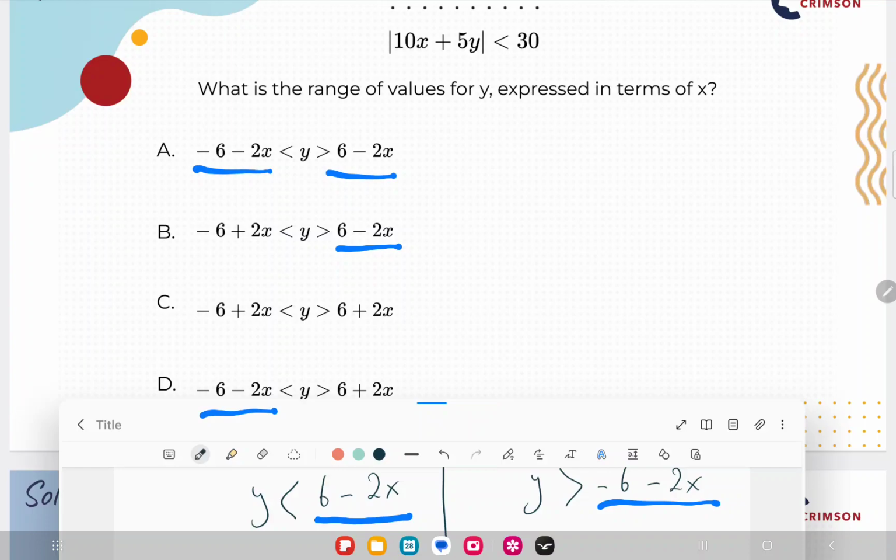Now, according to the sign, this is y less than 6 minus 2x. I don't think the mistake was here, because this one is correct. Minus 6 minus 2x is correct. But the arrow sign for this one is not correct here.